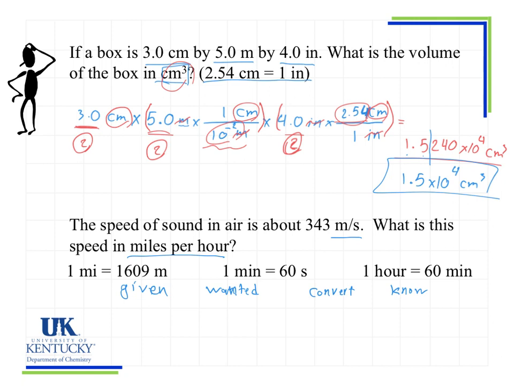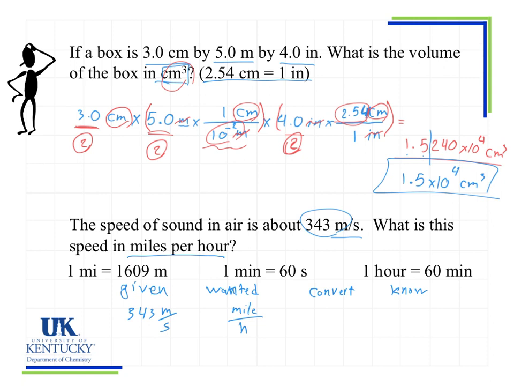What is given? The given is the information in the question. So the given is 343 meter over second. What is wanted? We want the speed in miles per hour.